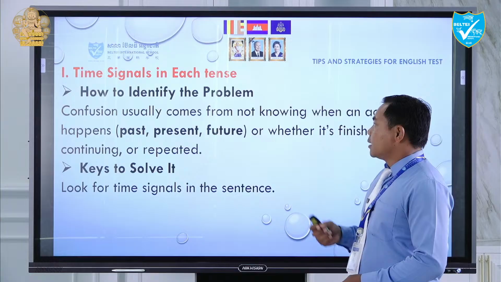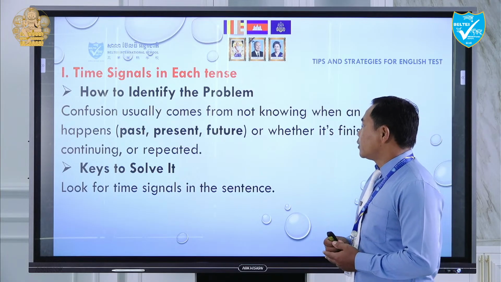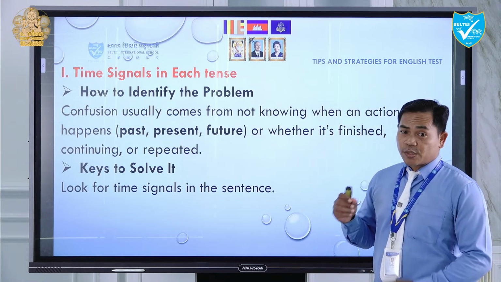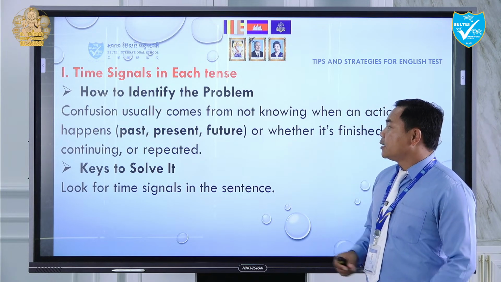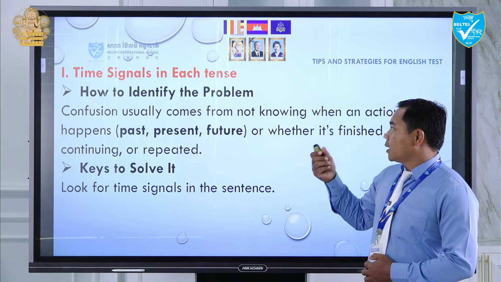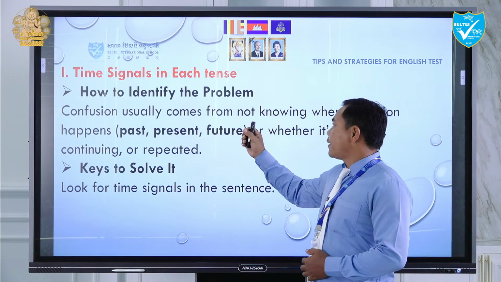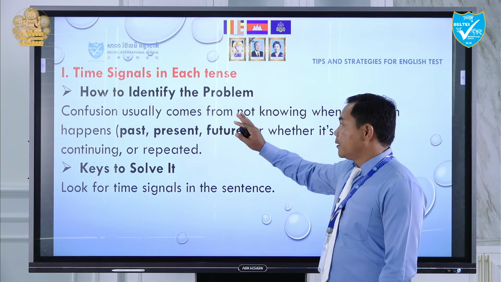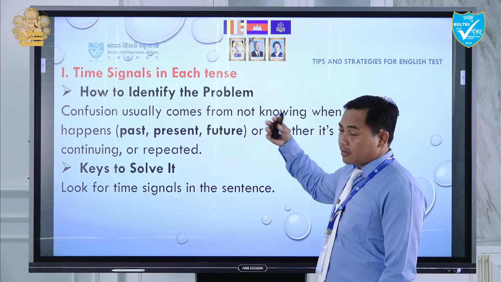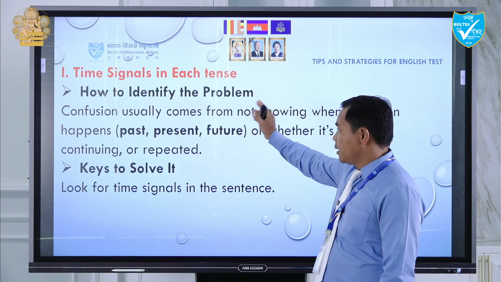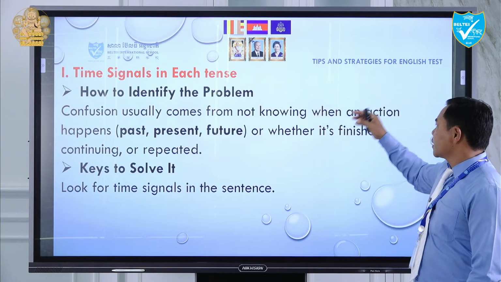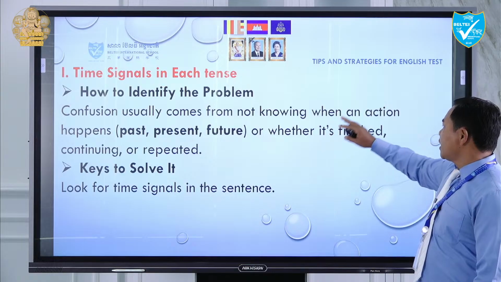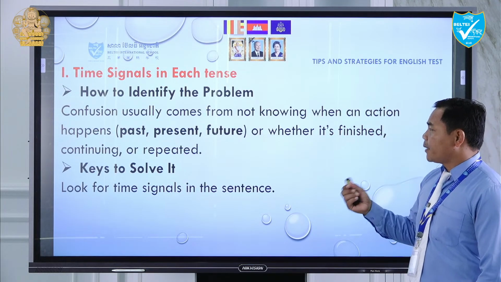The first one, time signals or time expressions that are used in each tense. How to identify the problem? In each question containing a problem, how do you identify it? Confusion usually comes from not knowing when an action happens.